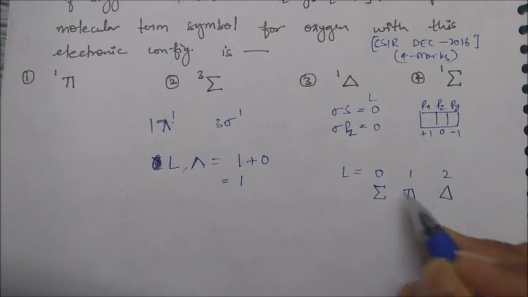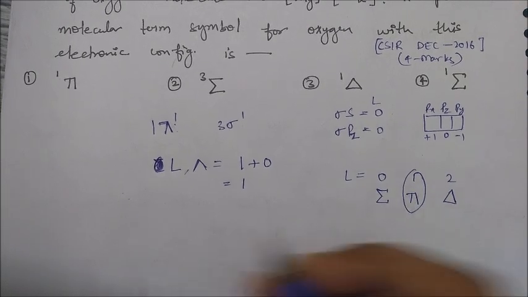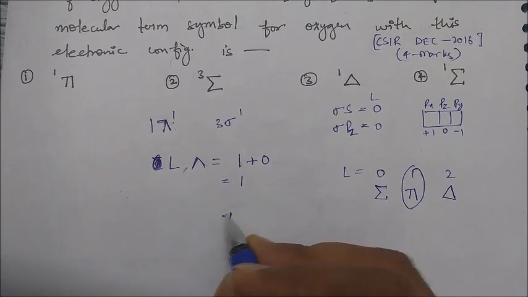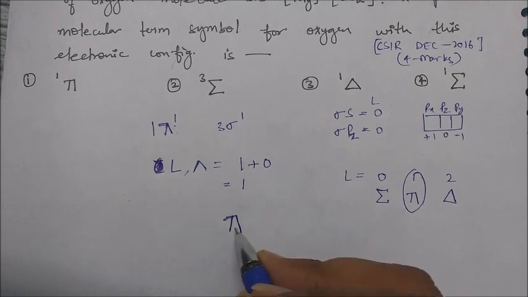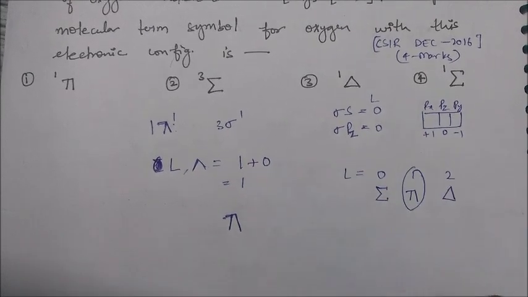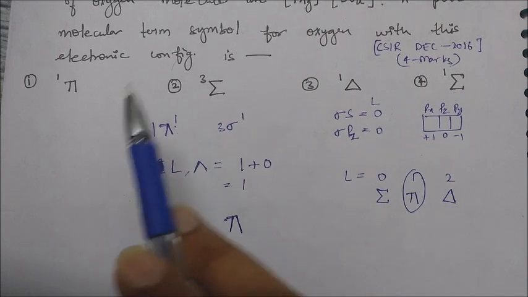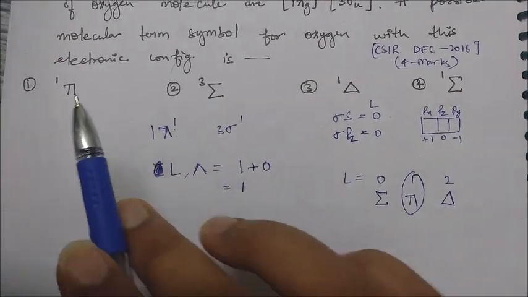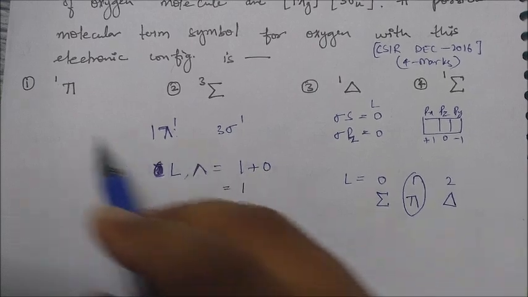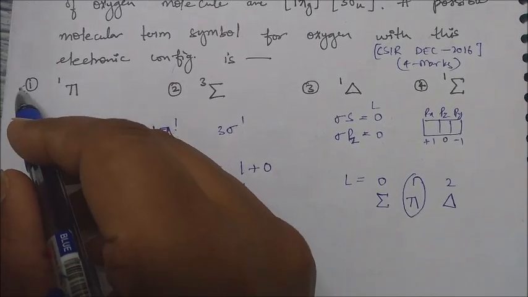So here the value is 1, so the spectroscopic term comes out to be pi. You don't have to do further: among all four options, there is only one option with pi as the term, so the answer will be the first.